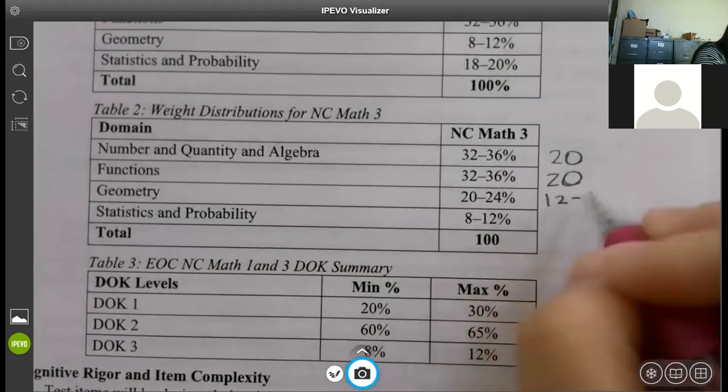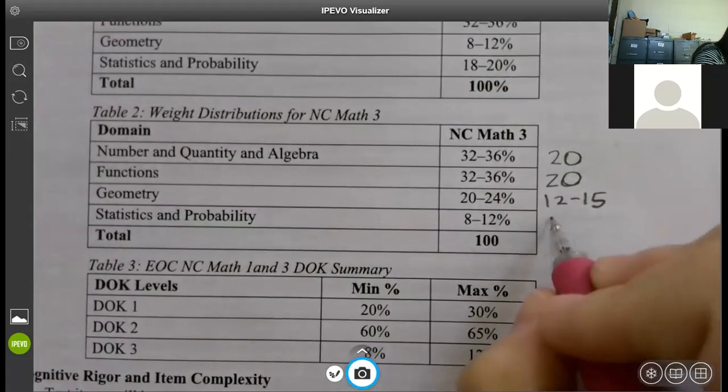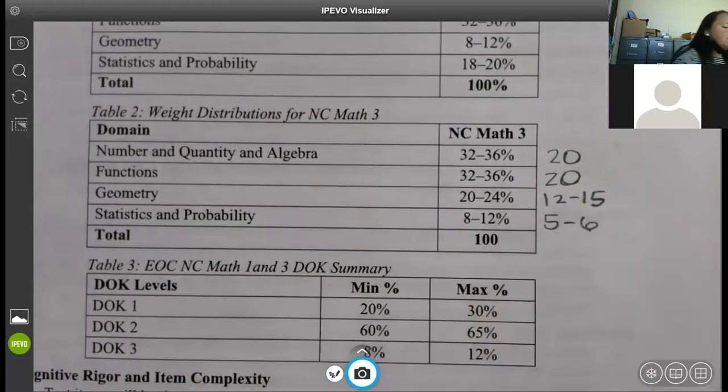Somewhere between 12 and 15 questions will be geometry. And then the max is like 5 to 6 questions on statistics and probability. So again, statistics and probability, most of that is from Math 1. Just review that curve and you should be okay. All right. Any questions on how many questions you're going to have or whatever? Okay, so those are your breakdowns.